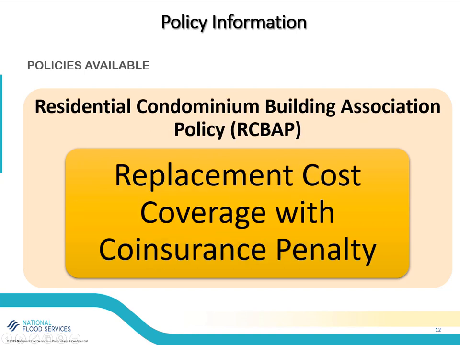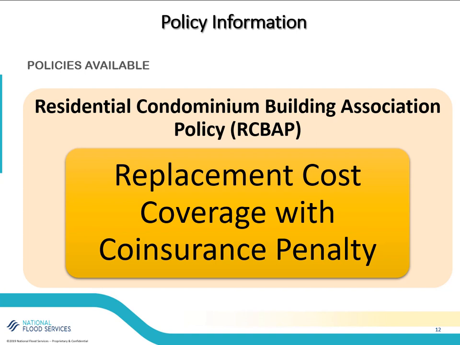The third policy form under the Standard Flood Insurance Policies is called the Residential Condominium Building Association Policy, or the RCBAP. This is the Condominium Association's master policy. This policy has replacement cost coverage with a coinsurance penalty. In the event of a flood loss, the RCBAP will be paid replacement cost on the building coverage.